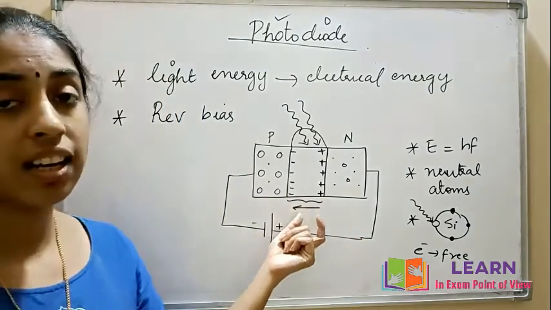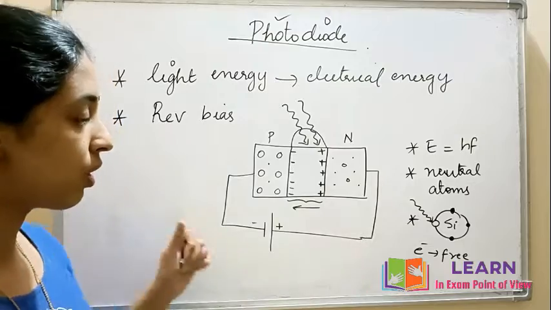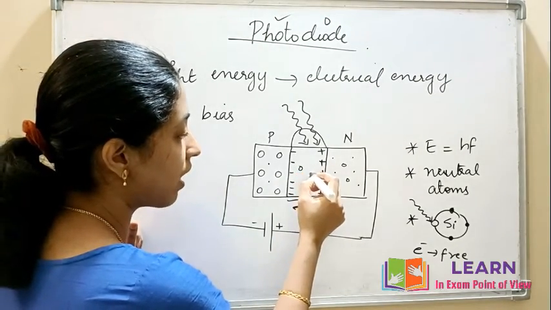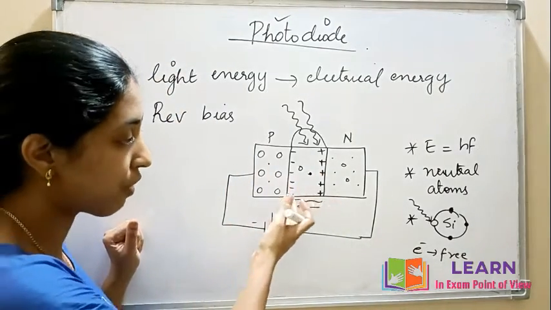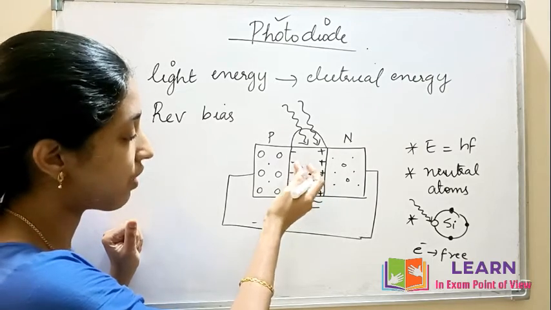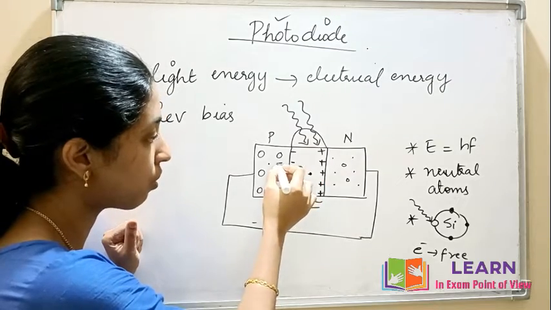Since there exists an electric field, they will move. The hole is positive, so it is attracted towards negative. So the hole will go to the P side.